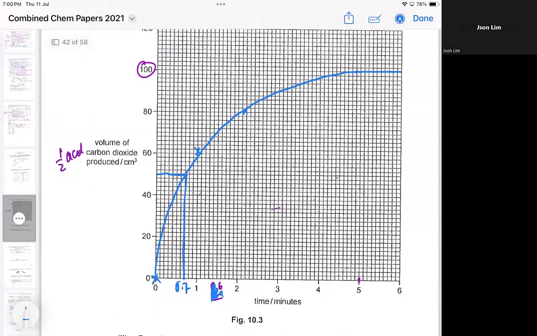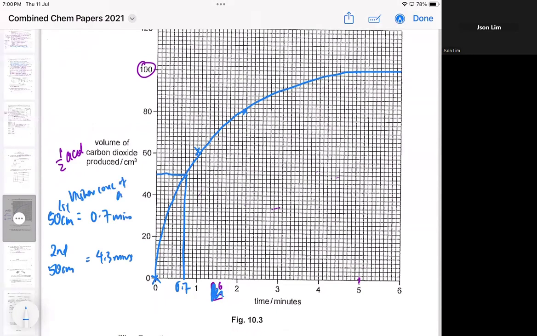So you can see that for the first 50 cm cube, you only take 0.7 minutes. And for the second 50 cm cube to reach 100, you take 4.3 minutes. So this shows that the reaction is always very fast at the beginning due to the higher concentration of acid at the beginning.